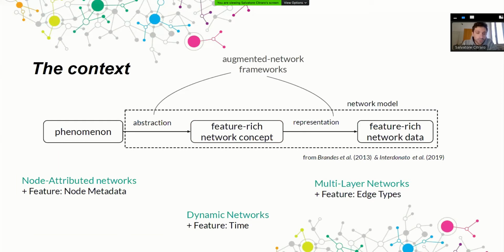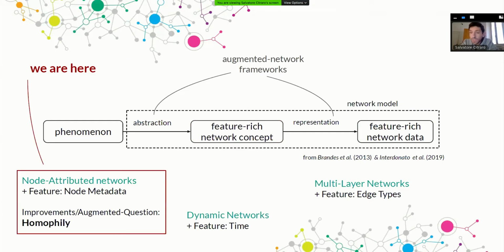So the focus of today is homophily, that is the tendency of nodes to connect more likely with similar ones, where this concept of similarity depends on the node attributes and node properties. So we study homophily within the modeling of node attributed networks.